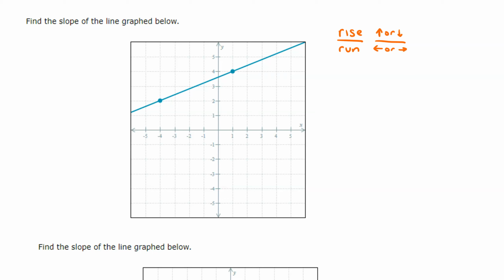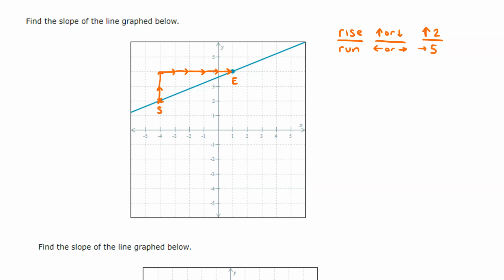Okay? So if I start here and I end here, I'm not even going to do any math. I'm just going to count. So I have to go up 1, up 2. So I went up 2. And then I have to go to the right. 1, 2, 3, 4, 5. So right 5.